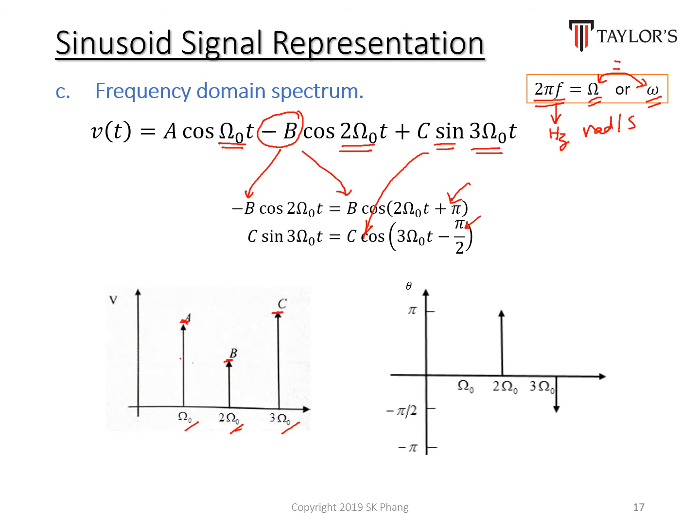As for the phase, for the first, a cosine omega t, there is zero phase shift, so it's just a dot over the zero axis. For the second, 2 omega naught, we have a phase shift of pi. And for the third, we have a phase shift of minus pi over 2, so you draw up to the negative pi over 2 axis. So this is how you can draw the frequency domain spectrum of a given time domain signal.